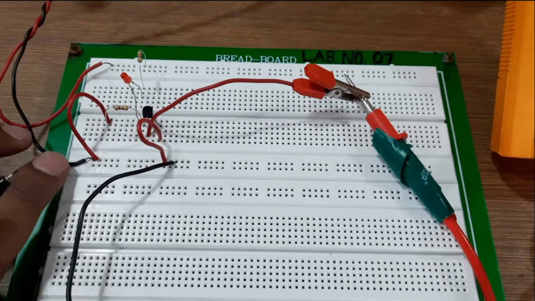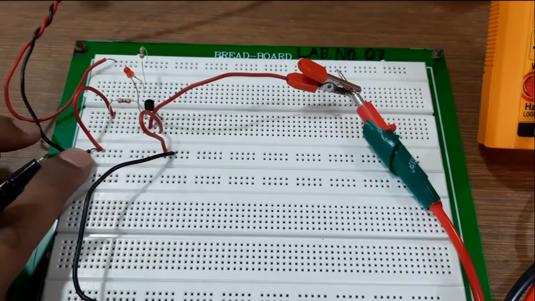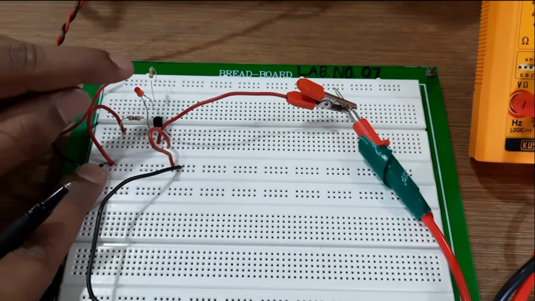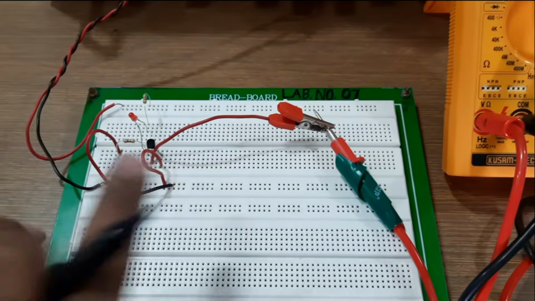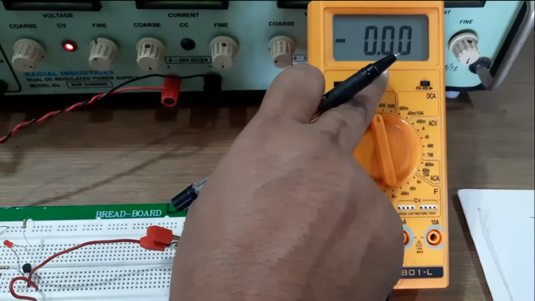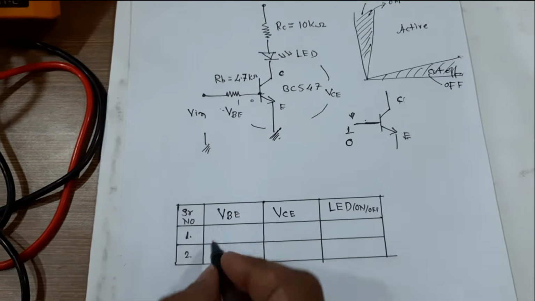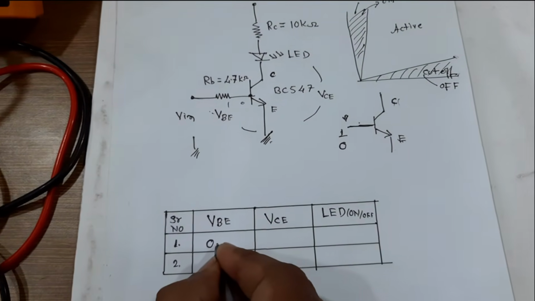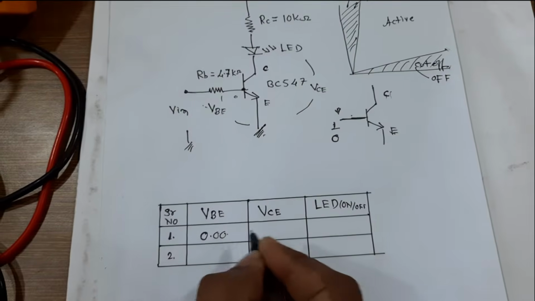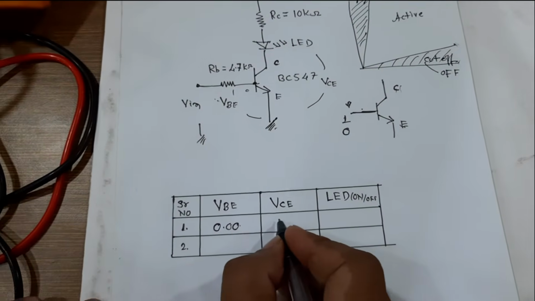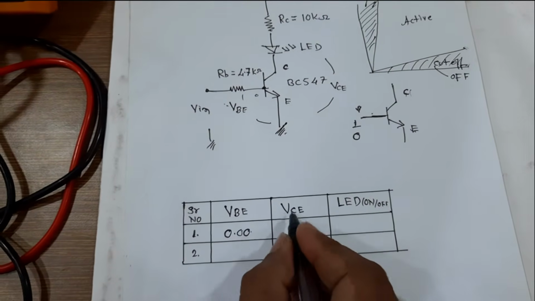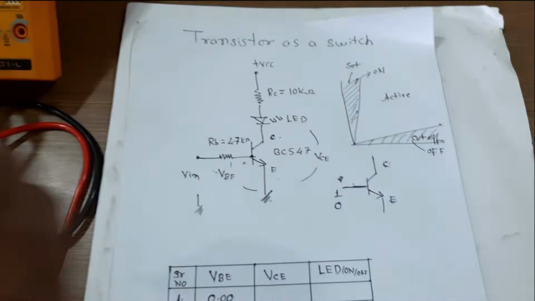I have connected the base to the black wire, which is logic 0. The LED is off, and the base voltage is totally 0. So we note down that the voltage between base and emitter is 0.00.